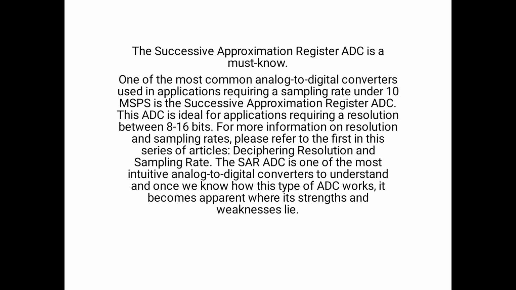This ADC is ideal for applications requiring a resolution between 8 to 16 bits. For more information on resolution and sampling rates, please refer to the first in this series of articles.